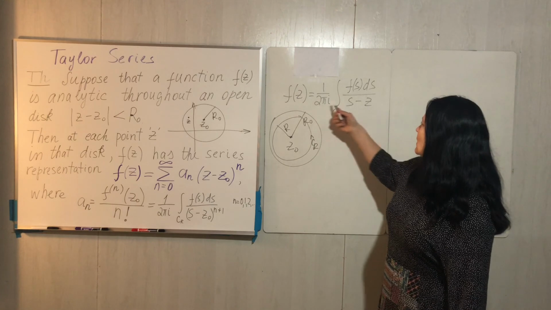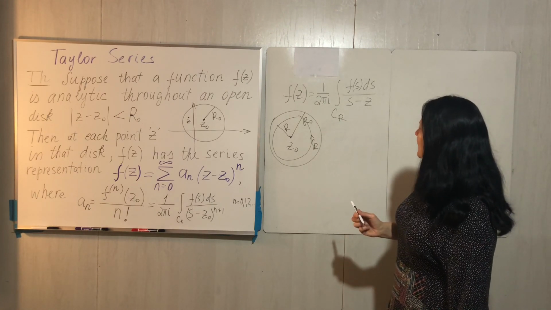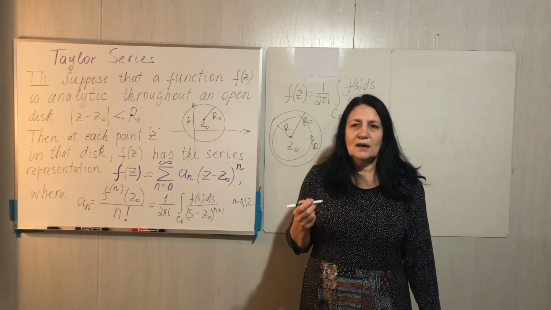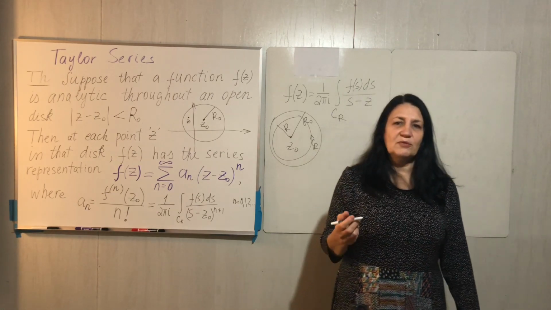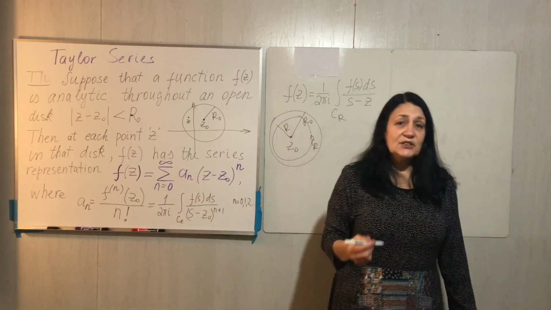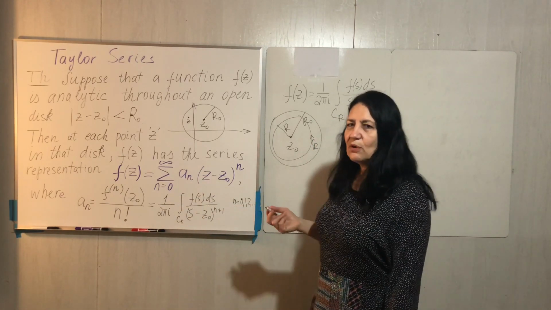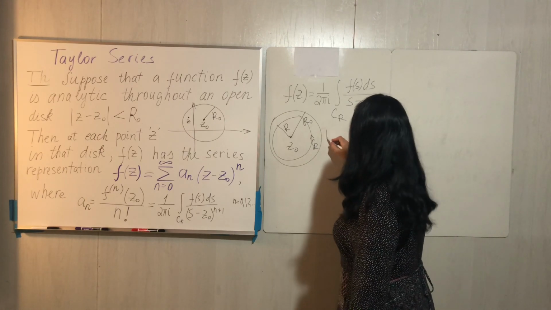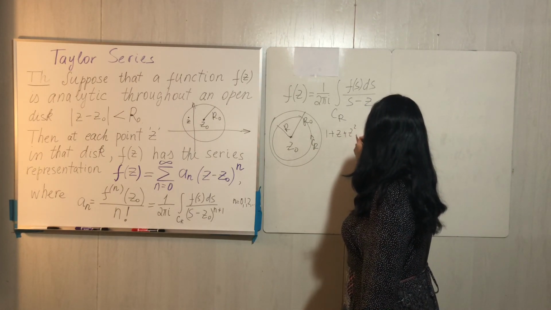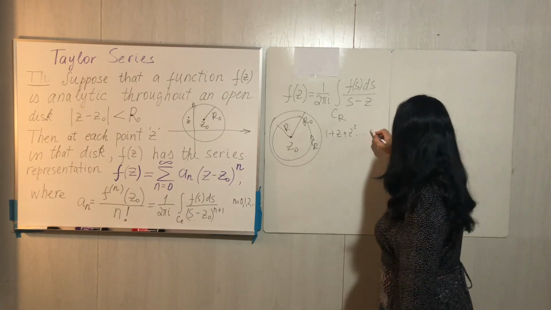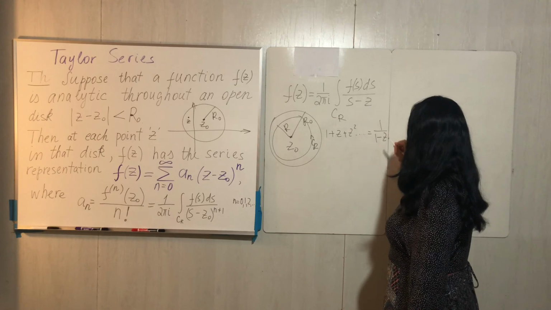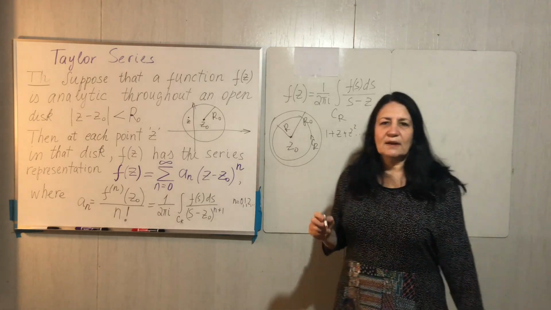That would be one thing that we will be using. Another thing that we will be using to sketch the proof is the geometric series. We know that 1 plus z plus z squared and so on converges to 1 over 1 minus z. We will be using that.